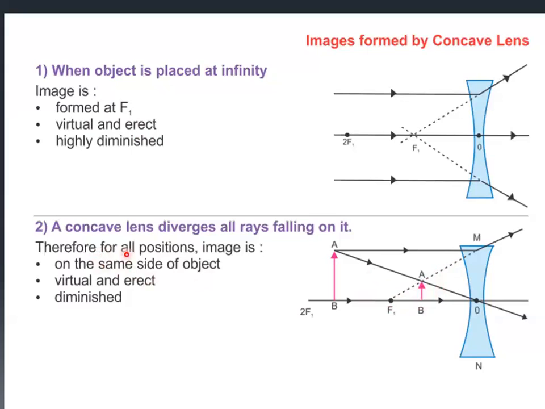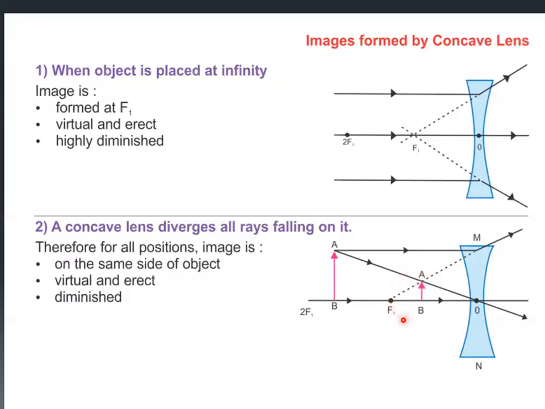Therefore, for all positions of the object, the image is formed on the same side as the object. Second, it is virtual and erect. Erect means it is a straight image, not inverted.